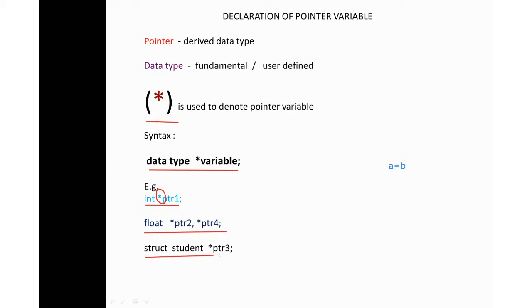Star PTR3 is the variable to that structure which is declared as a pointer variable. So now star PTR3 becomes a pointer variable to the structure. Is this part clear now?